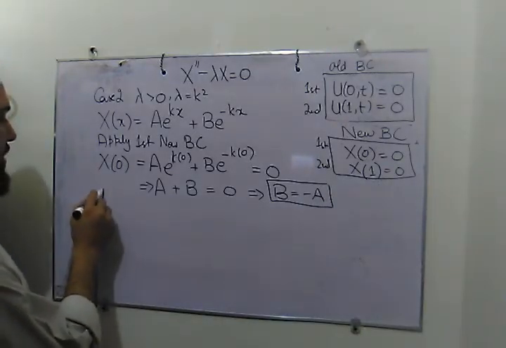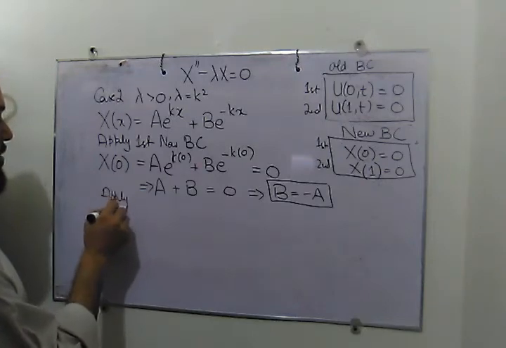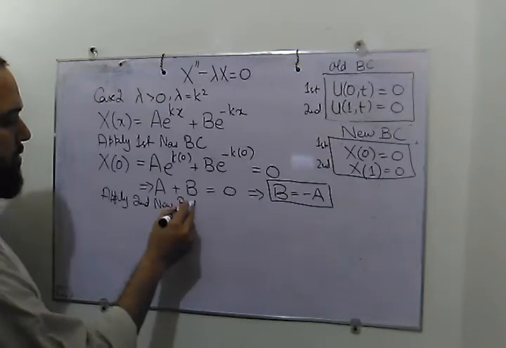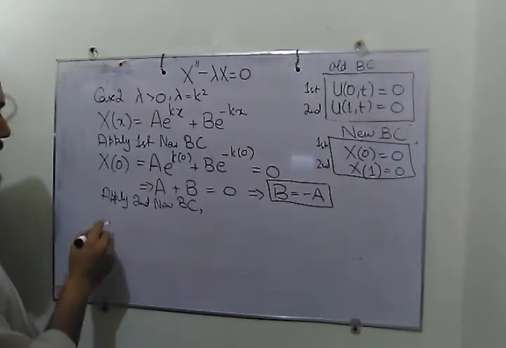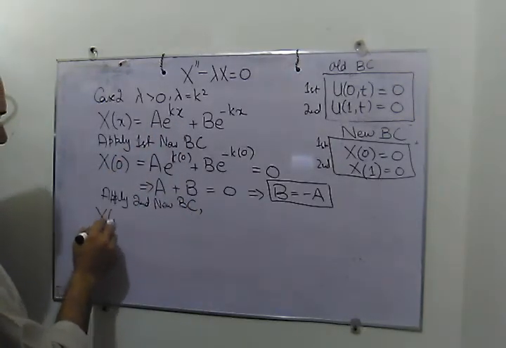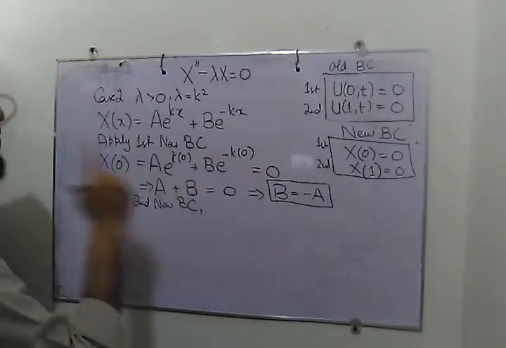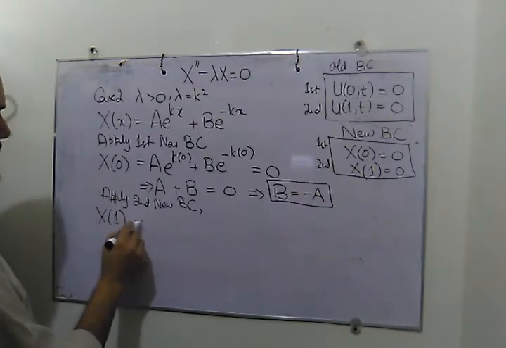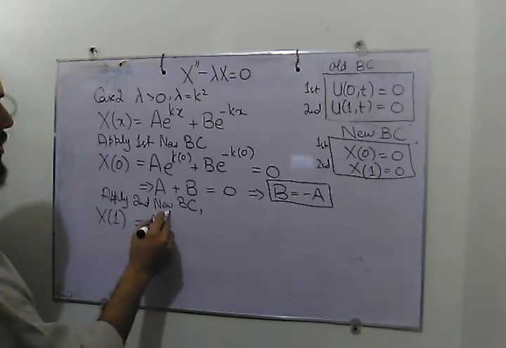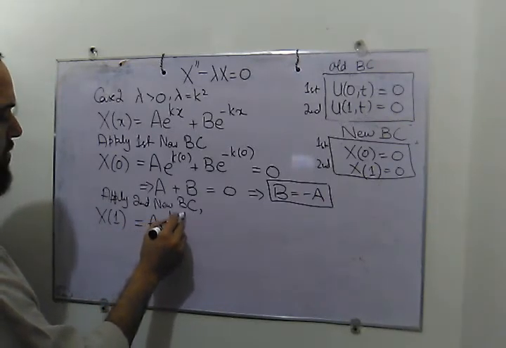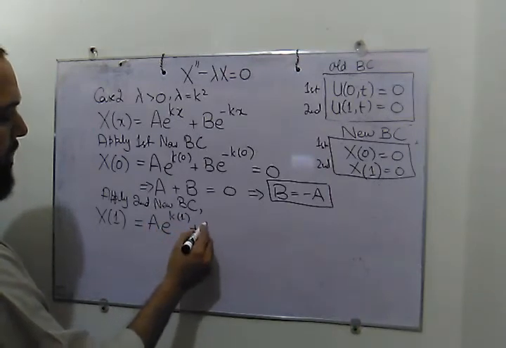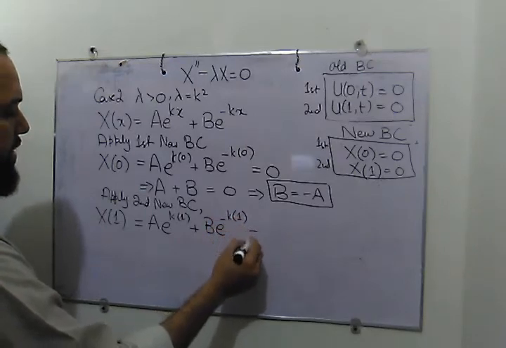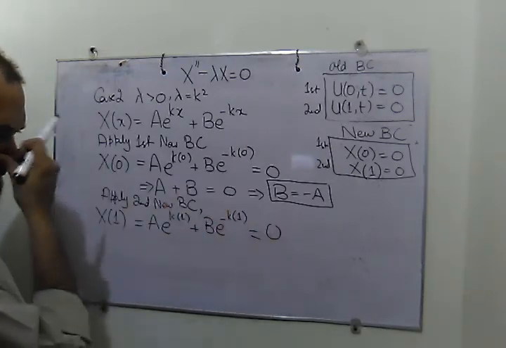Then we apply the second boundary condition and put it in the general solution. X of 1 now, because x is equal to 1 here, this is the second boundary. So a exponential k into 1 plus b into exponential minus k into 1, and this x of 1 is equal to 0.